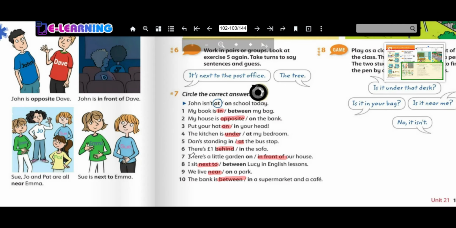Okay, so these are the answers for exercise 7. Please check your answers.